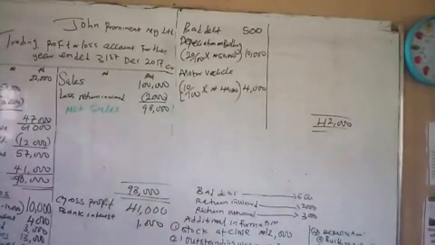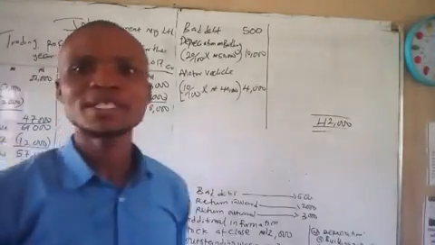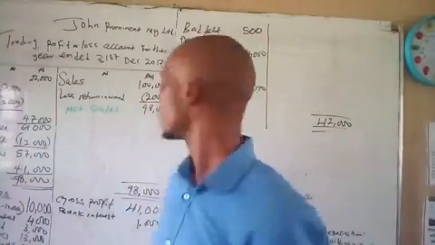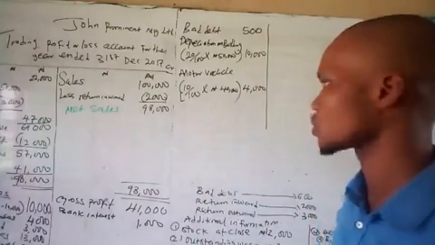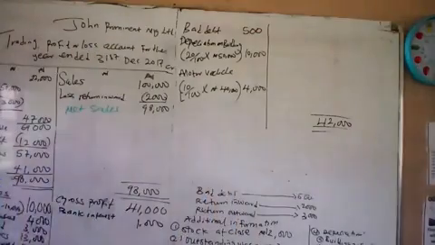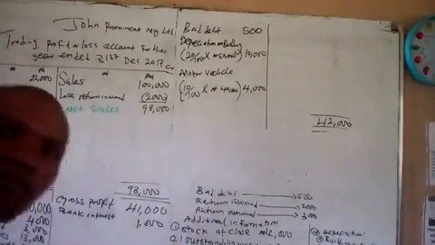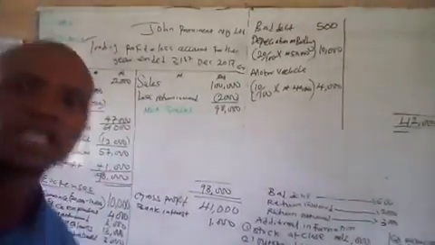Now what are you going to do? You add all your expenses together and take it from this 42,000 naira to arrive at your net profit or net loss. At this junction now, we have all the expenses here.